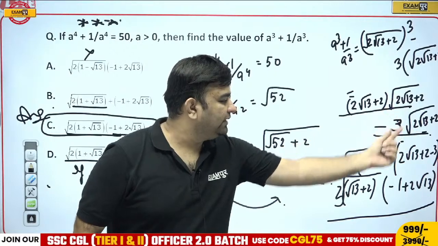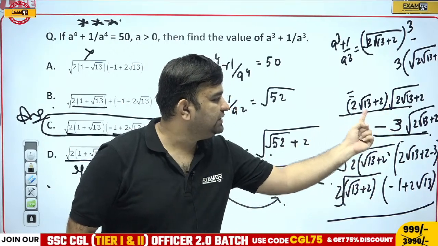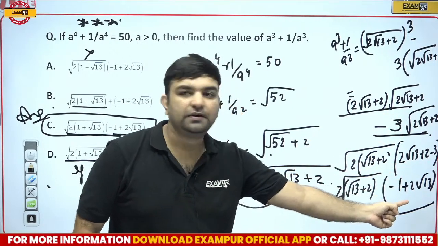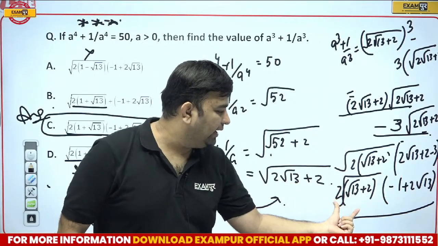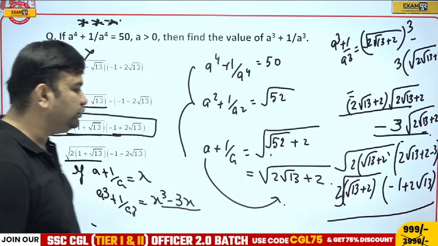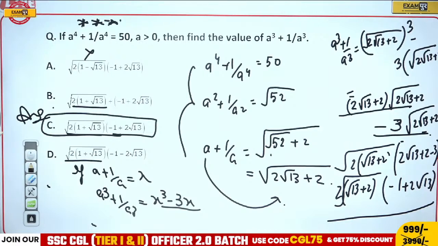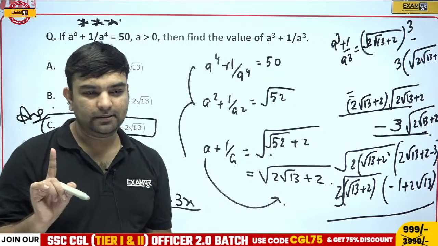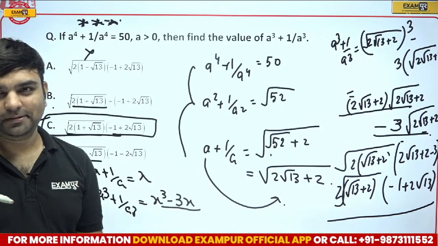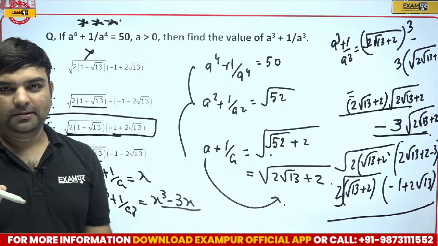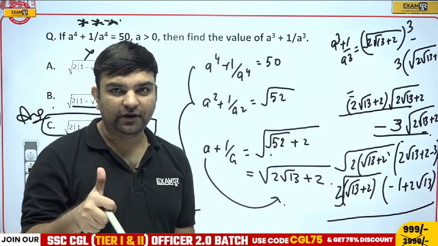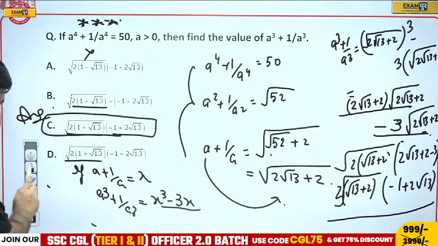Now you have taken this as common, so this minus this is minus 1 plus 2 root 13, and under root of 2 root 13 plus 2. Perfect. Great if it is clear. Let's move on.